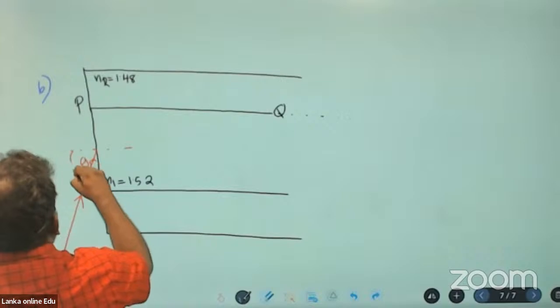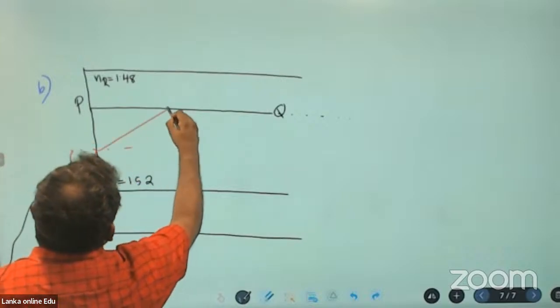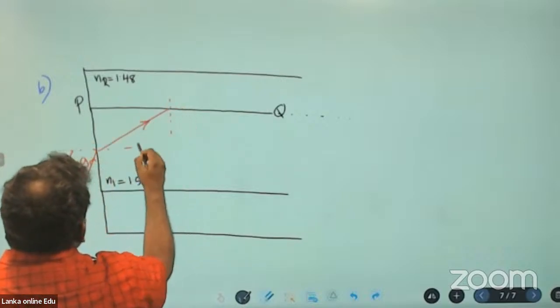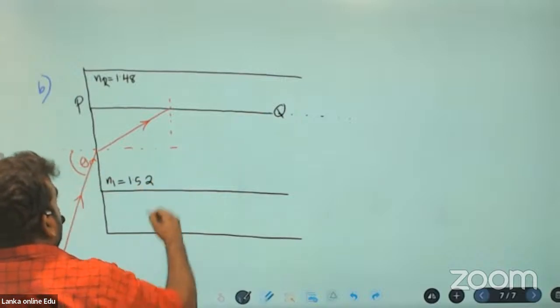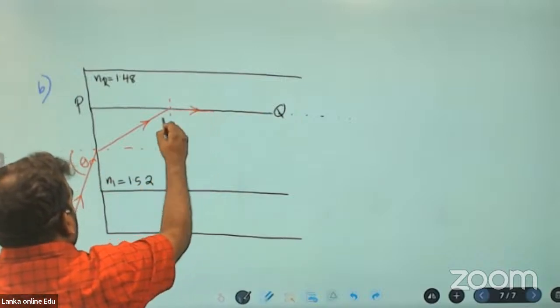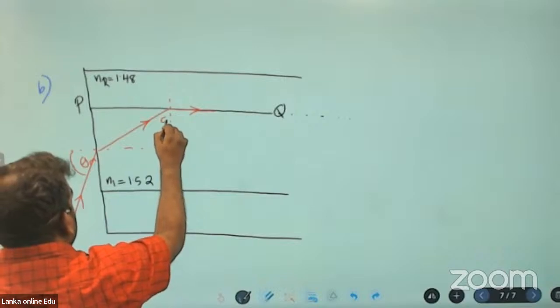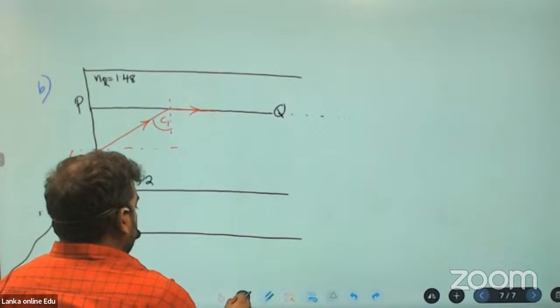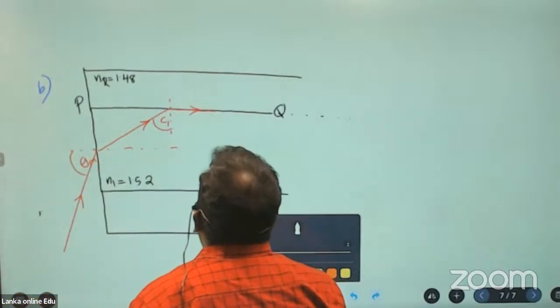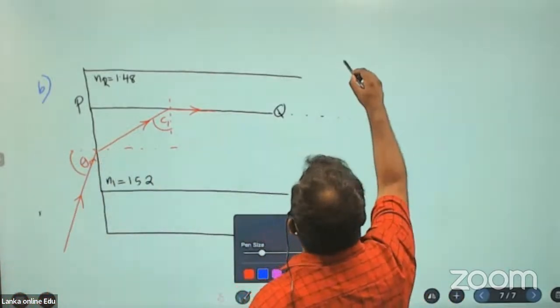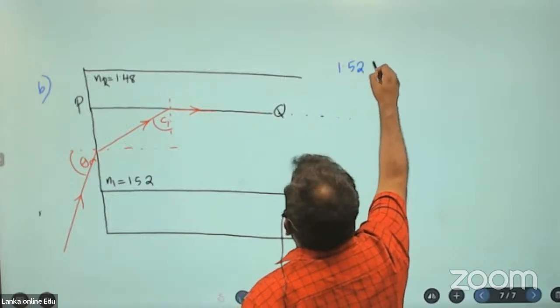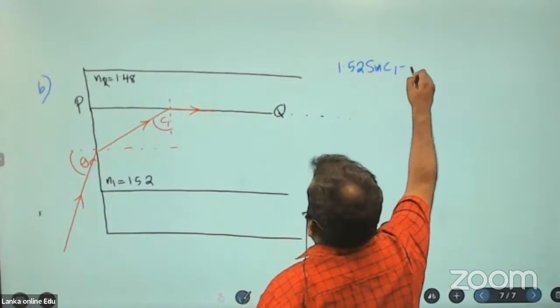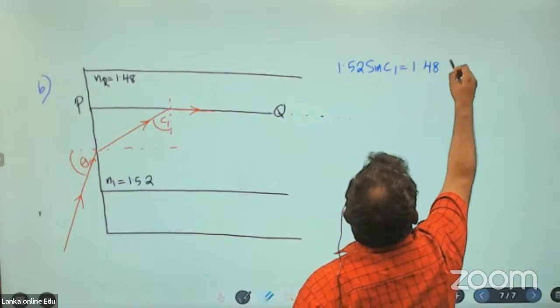Theta max. Rarer to denser, towards the normal. Total internal reflection means along the boundary. Here the critical angle, let's say C1. Carefully apply: 1.52 sin C1 equals 1.48 sin 90.